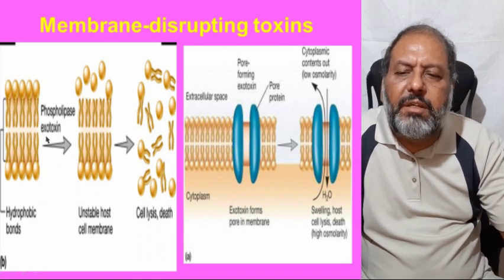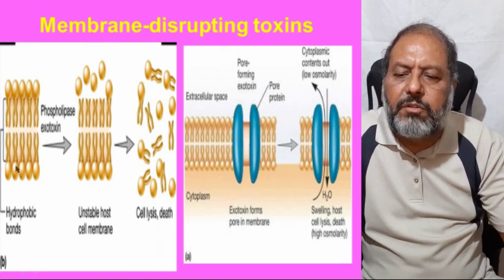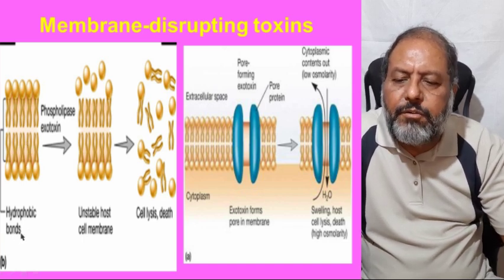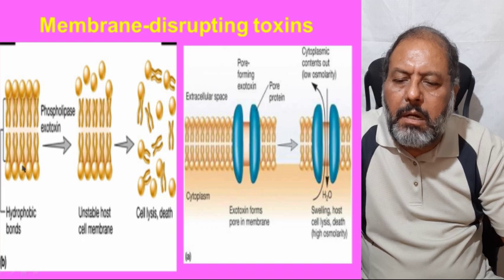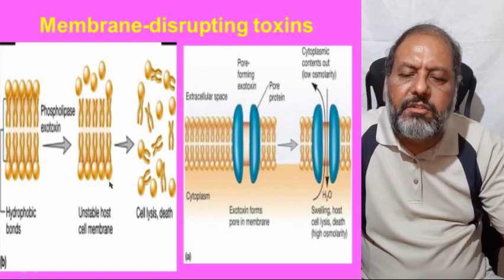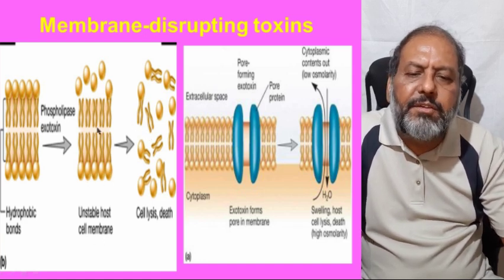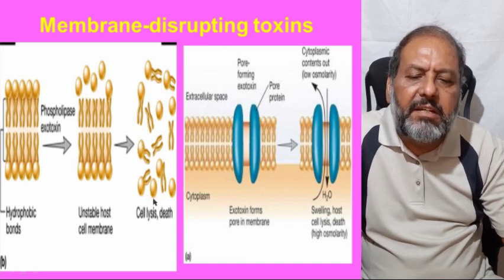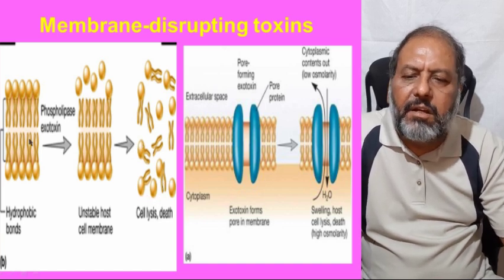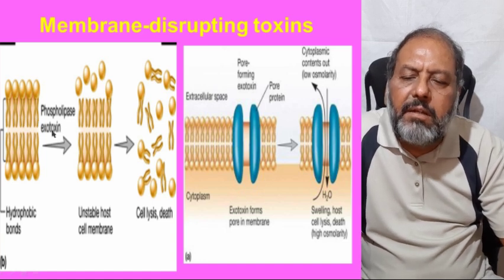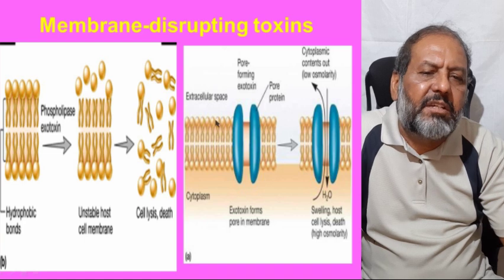Here one can see the phospholipase exotoxin that is going to damage the hydrophobic bonds between these two, and ultimately when this bond is gone, the host cell membrane becomes unstable. As you can see the parts of the host cell membrane, ultimately cell lysis and death occur because of the action of these phospholipase exotoxins released by the bacteria.